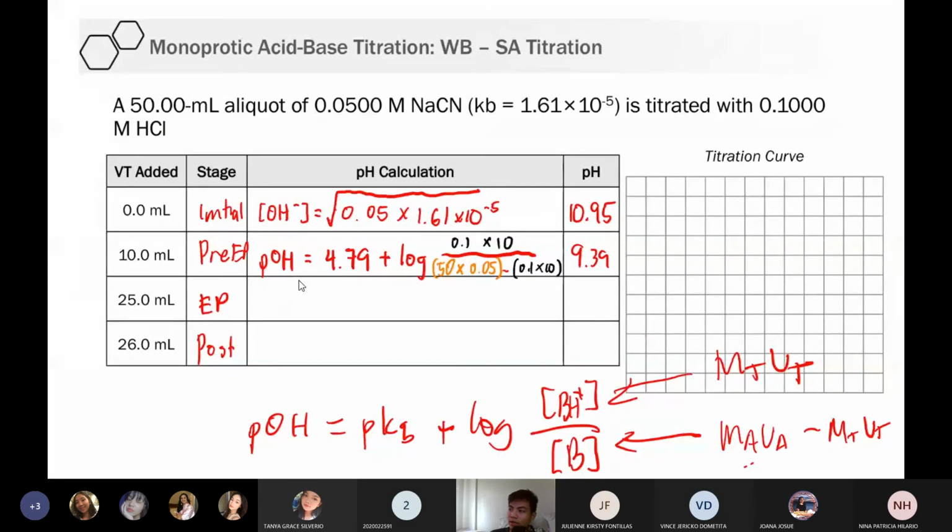Equivalence point, ano meron tayo dito? Acid na. So we can write H plus equals square root of the conjugate acid concentration times the Ka. Okay? So yan.